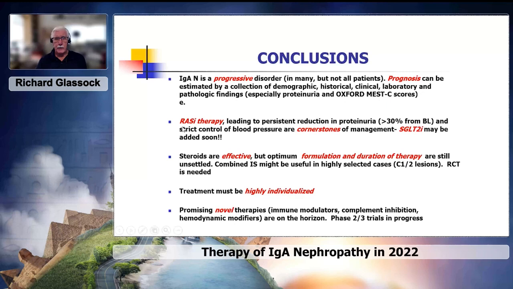RAS therapy is the cornerstone of management, and SGLT2 inhibitors may be added soon. Steroids are effective when given in moderate dose and safe, but the optimum formulation and duration of therapy are still unsettled, and we need a lot more data to answer the questions about the use of combined immunosuppression.